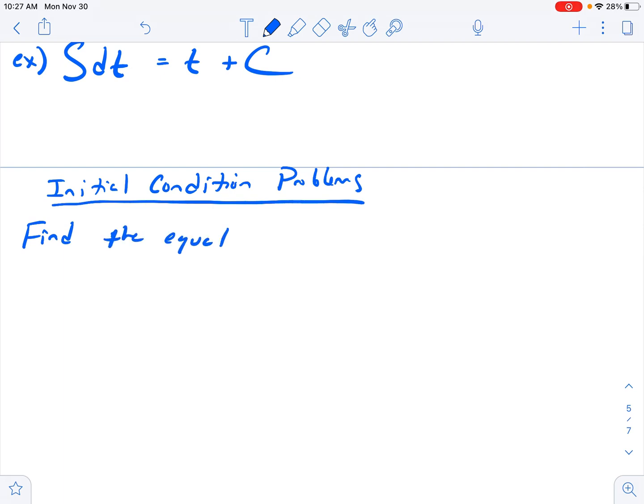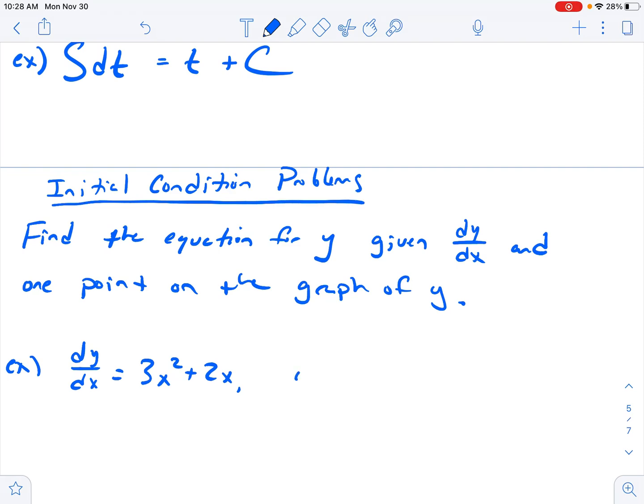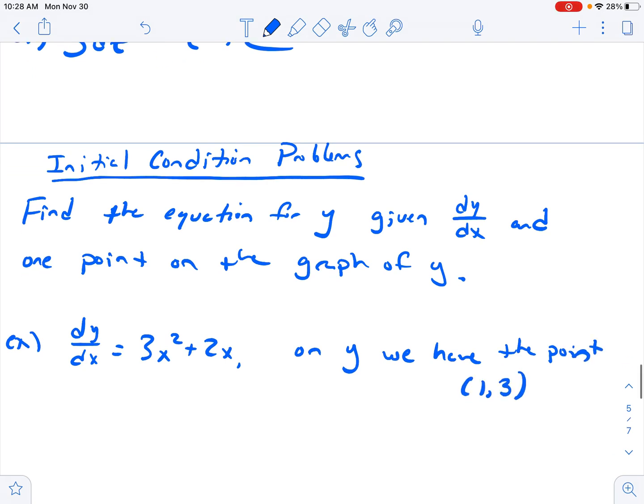Find the equation for y given dy dx and 1 point on the graph of y. All right. So for example, let's suppose we're told dy dx equals 3x squared plus 2x, and on y we have the point, let's say we have the point 1 comma 3.